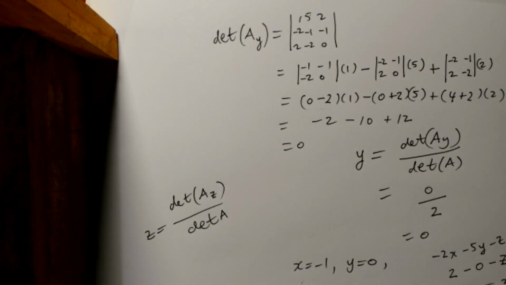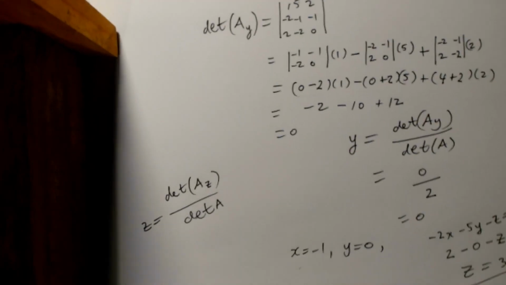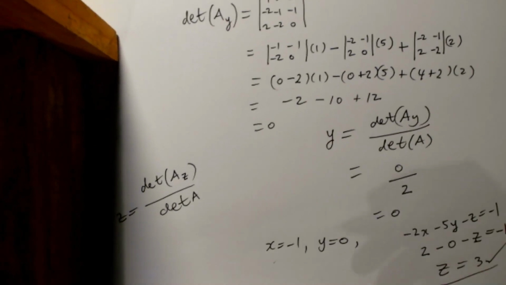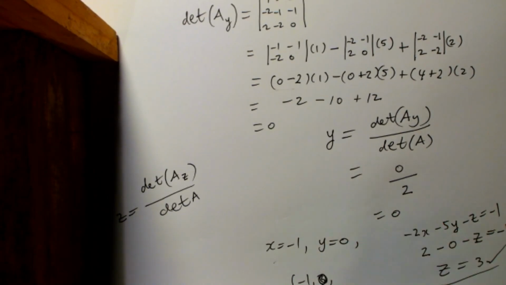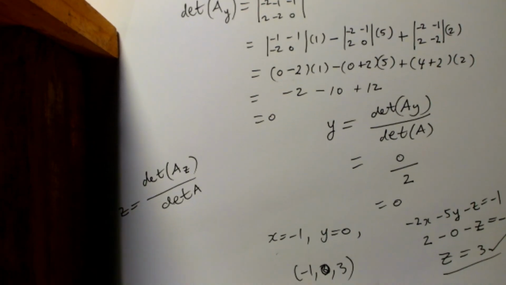Okay, let's move on to the next topic. Oh, okay, I can see. You should have a look in the notes because the system, we do have a unique solution here, right? We've got x is minus 1, y is 0, and z is 3. So this gives us a point, minus 1, 0, 3. It's a point of the intersection of the three planes.